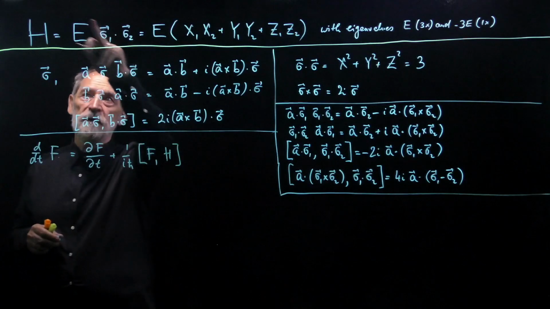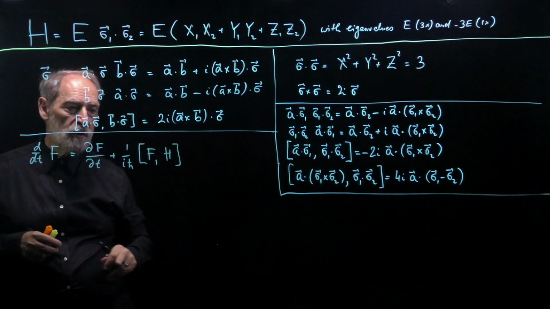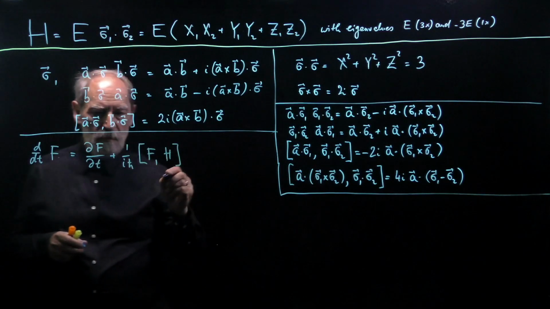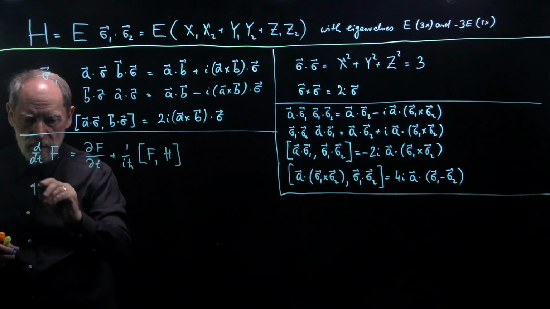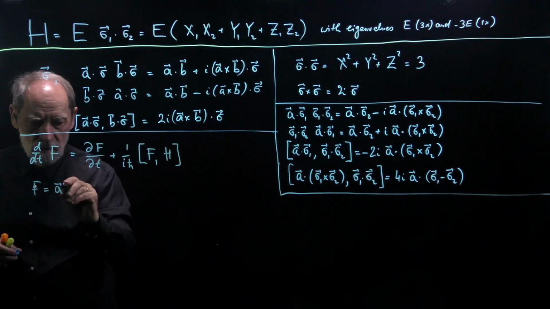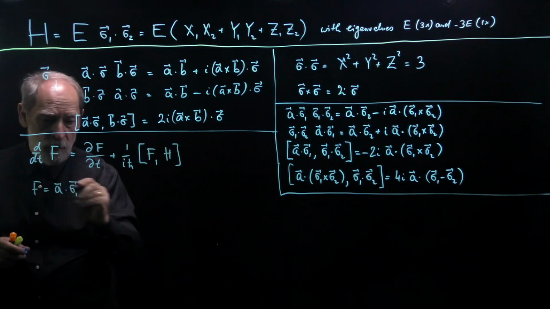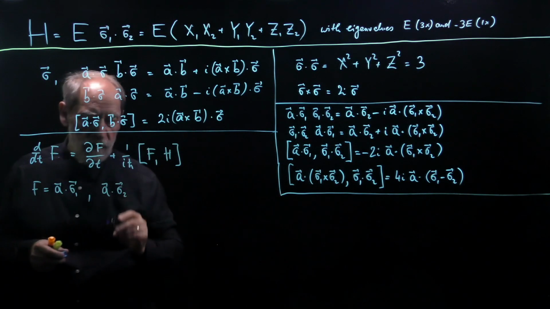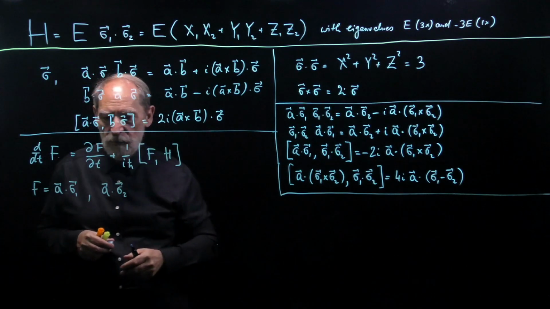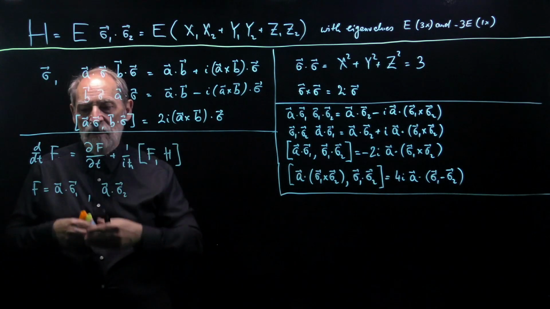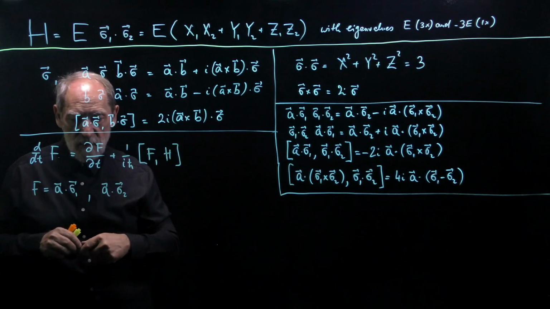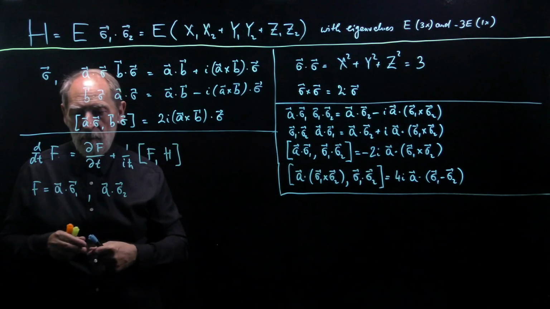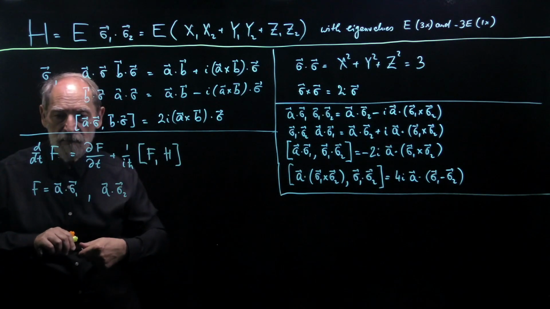So the Hamilton operator is this in our example, and for f we will use a dot sigma 1, a component of sigma 1, and a dot sigma 2, the corresponding component of sigma 2. And since a is general, it is as if we were just using sigma vector as a variable, but it's easier to talk about components.